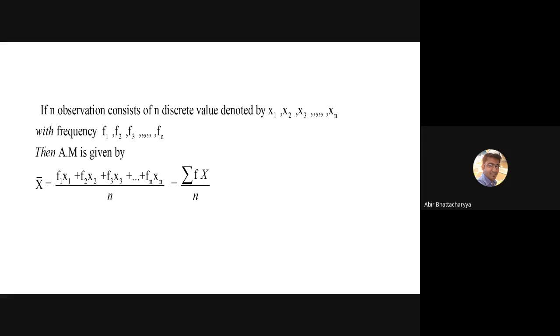Next thing is that if n observations consist of n discrete values. Discrete means what? It is not continuous, like 1, 2, 3, 4. There is a huge gap between 1 and 2, right? Huge gap between 2 and 3, between 3 and 4.